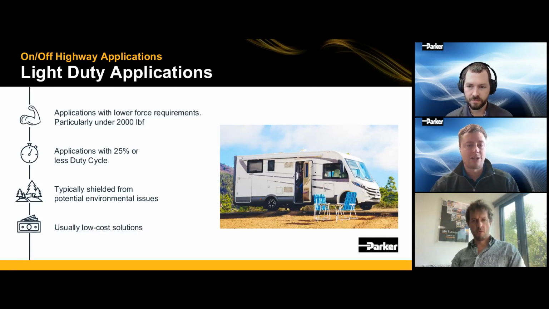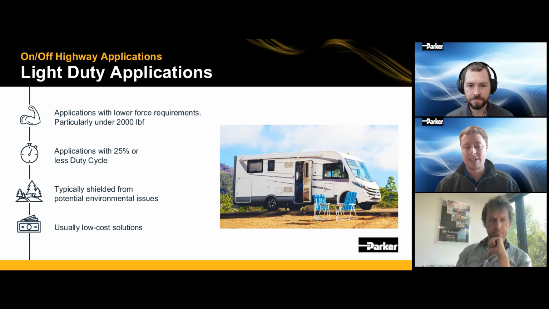So talking about light duty applications, we're looking at applications where, again, it's under 2,000 pounds of force. The duty cycle is relatively light. We say 25%, but usually it's a lot less than that. And typically manufacturers that are using these types of linear actuators are shielding it from potential environmental issues, whether it's corrosion, water immersion, shock and vibration.